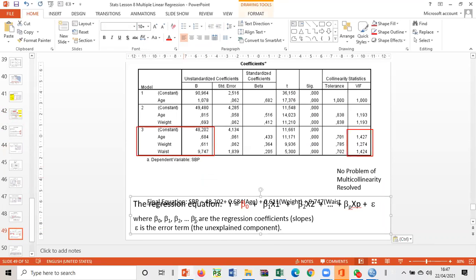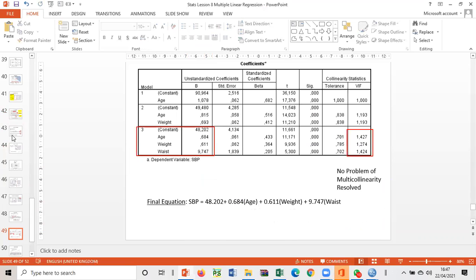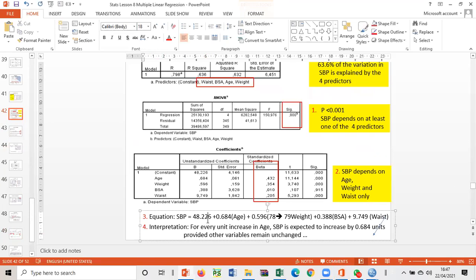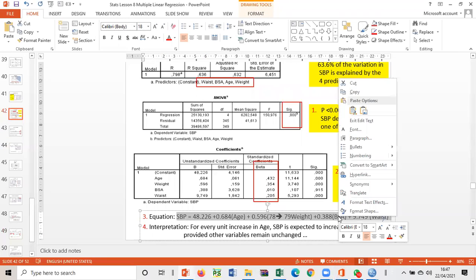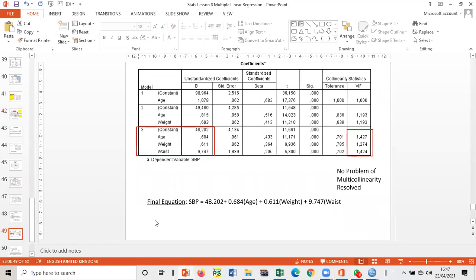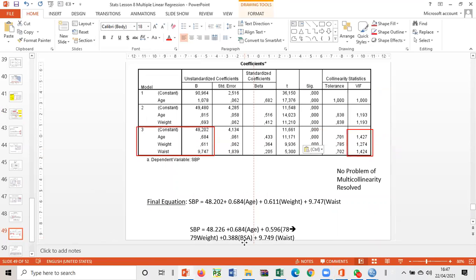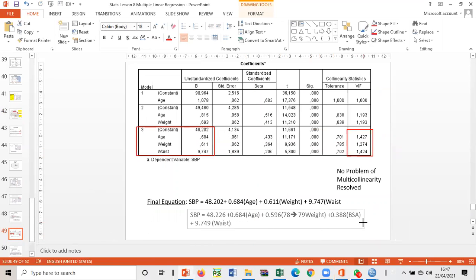Okay, somebody asked, can I just delete that variable? So I'm clicking this. If I take this and delete BSA, compared to here, are the values the same or different?